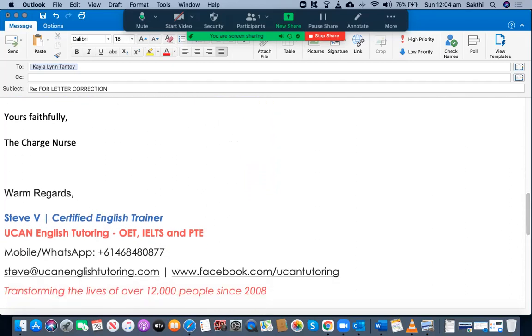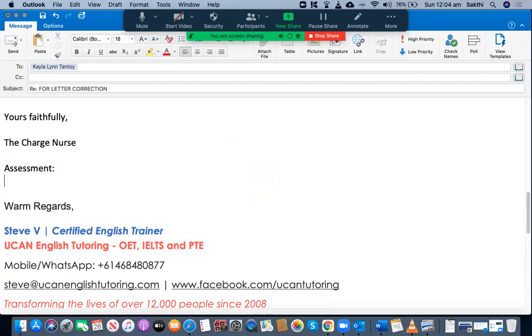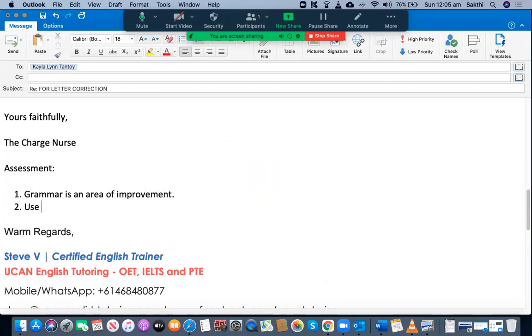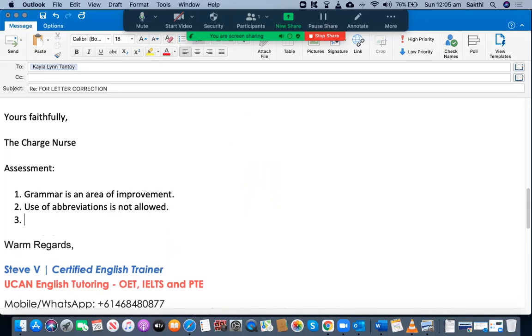All right, let's go through the assessment factors now. Grammar is an area of improvement. Okay, use of abbreviations is not allowed, so you have to always expand them.